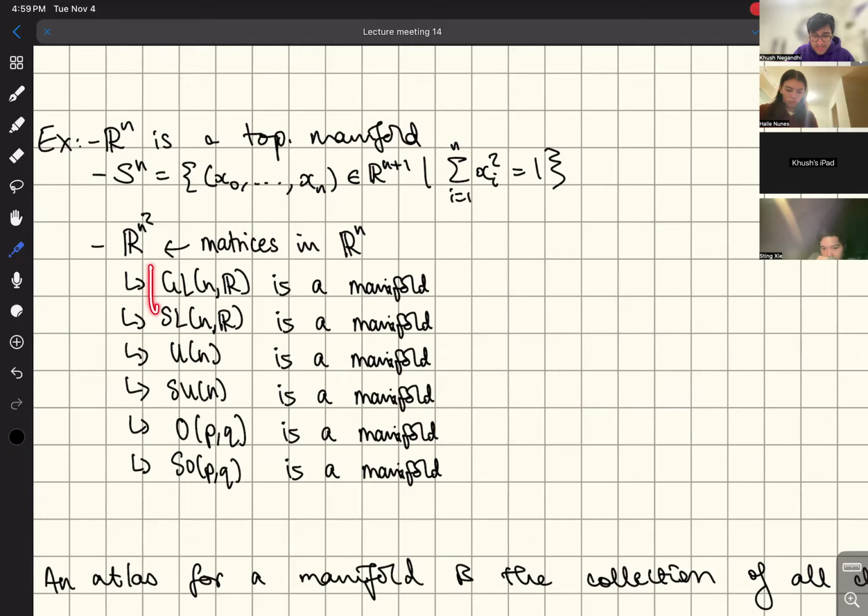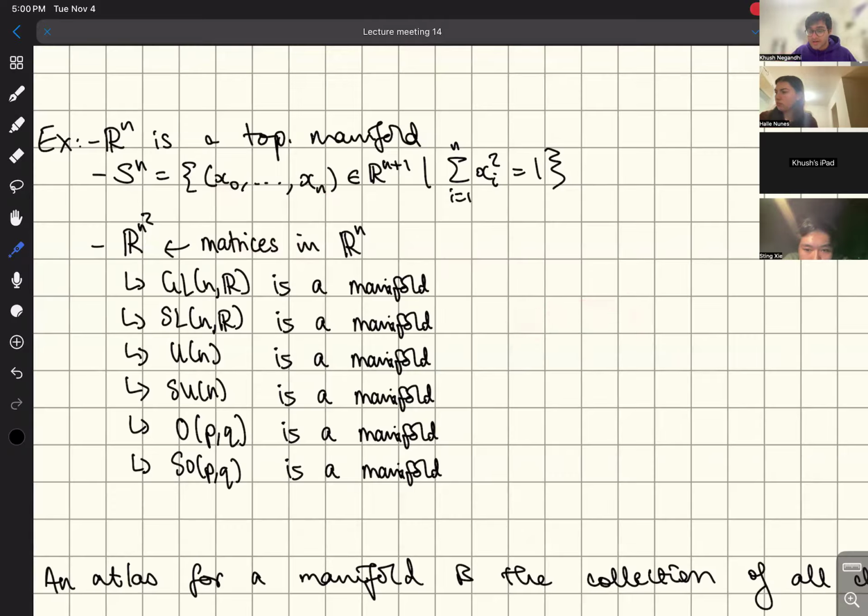GL_n(R) is an open subset of R^(n squared), which means it has the same dimension. So this also has dimension n squared. The special linear group also has one constraint, which is that the determinant equals 1.